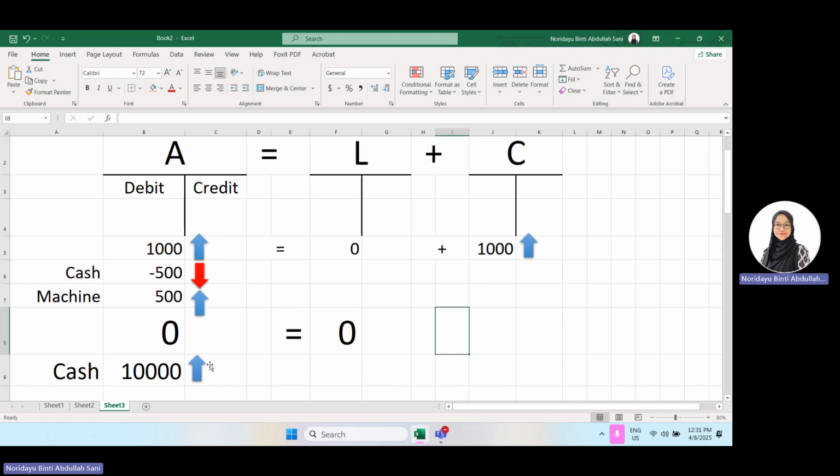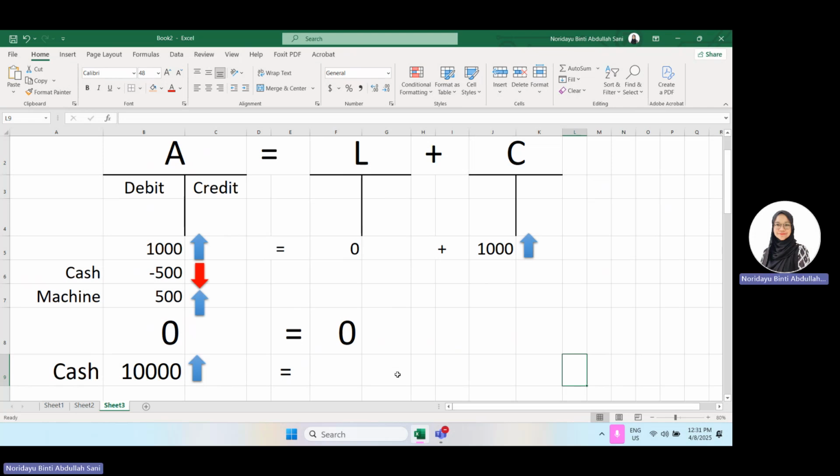So now if I look at the accounting equation, my A is 10,000. It should be equal to, to our capital? No, remember just now I told you when we talk about capital or equity, it is an introduction of cash or asset by the owner. Now you get the money from the loan, from the bank, not the owner.